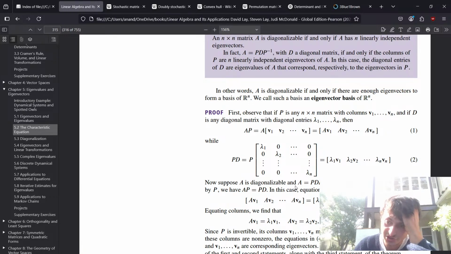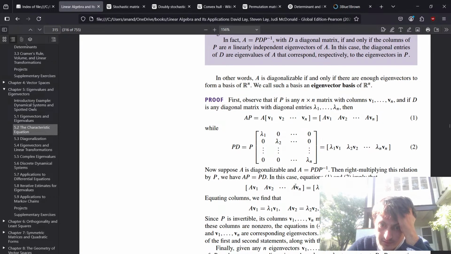And we're trying to show that it has n linearly independent eigenvectors. Then you right multiply this relation by P, and you get AP equals PD.